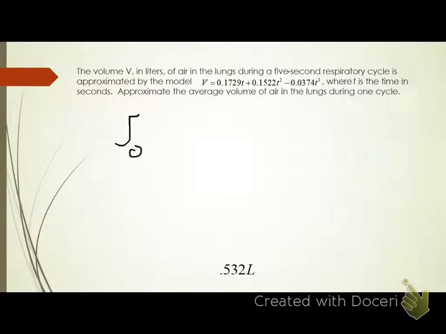From 0 to 5, I forgot the 1/5 in front, of V, I'm just going to call it V of t, dt. You're going to go to your calculator and just get that. Do you guys need to see me? Do I need to show you how to get the antiderivative in your calculator?